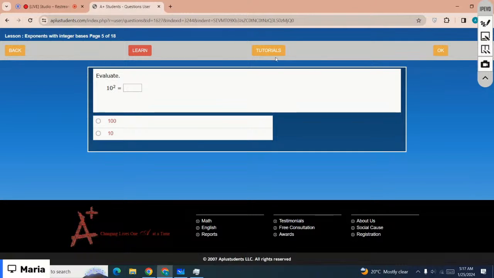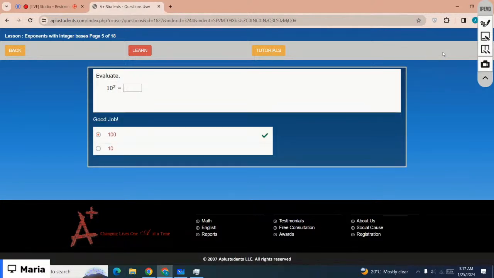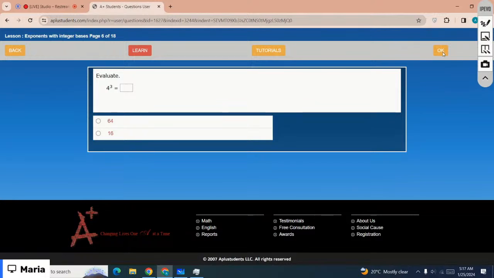Yes, the correct option is 100. 4 cube equals... the correct option is 3 times 3 is 9 and 9 times 3 is 27.